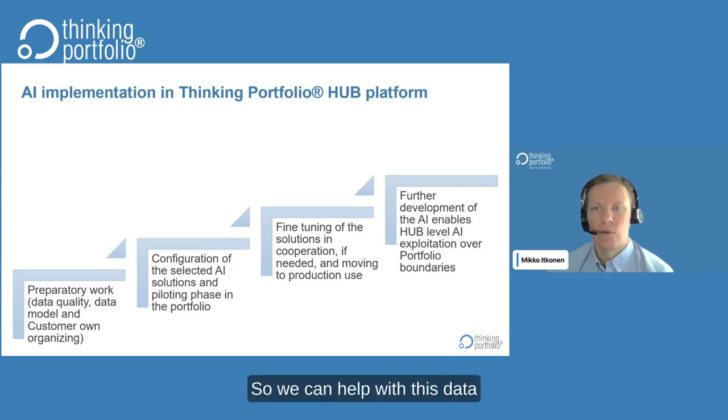We can help with these data quality issues if you want some help from our end, but data quality must be in good shape when you start implementing AI. Then data model: is the current data model in your portfolio supporting your portfolio management? Would you like to add something or even remove something that you are not really using in your organization?